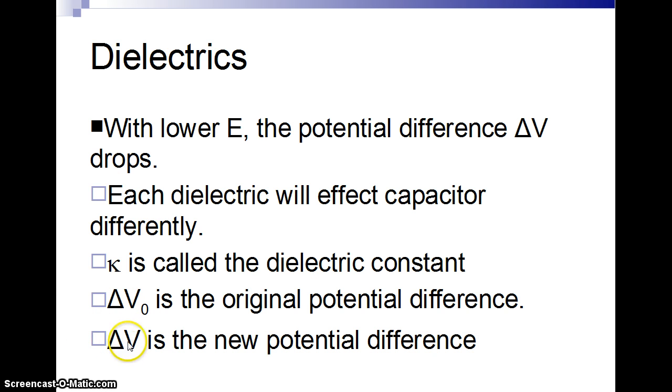And when I put a dielectric in, I'll get a new voltage. It turns out the new voltage is equal to the old voltage divided by kappa. That means it takes less energy, because with nothing in there, kappa is equal to 1. As we get stronger and stronger dielectrics, that dielectric constant is going to shrink the voltage.